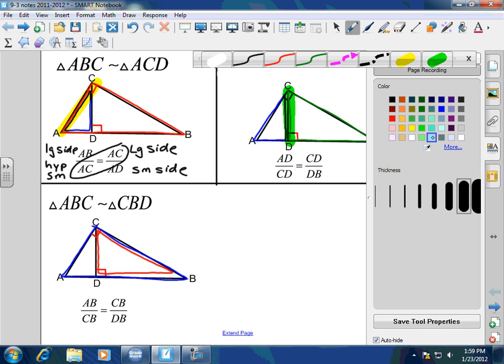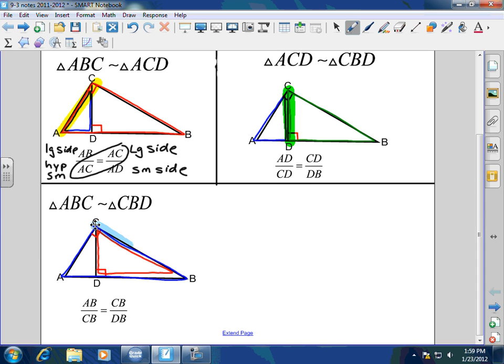Let's just make it a different color. CB is the shared side. So now, AB, which is large, to shared side, equals shared side to small, DB. So instead of worrying about hypotenuse and it's a leg and all this stuff, think of it as shared side.